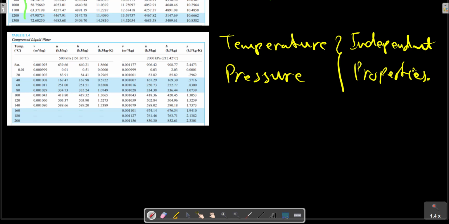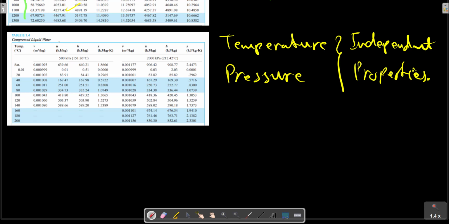In the superheated region, pressure and temperature are independent properties. Therefore, for each pressure, a large number of temperatures are given in the previous picture, and for each temperature, 4 thermodynamic properties are described in this table.